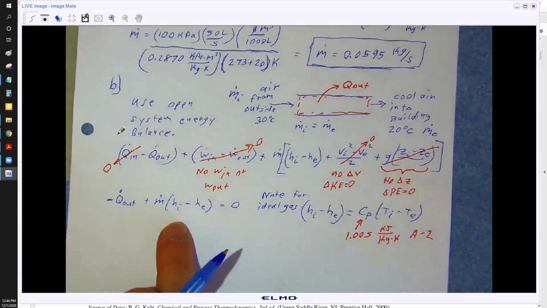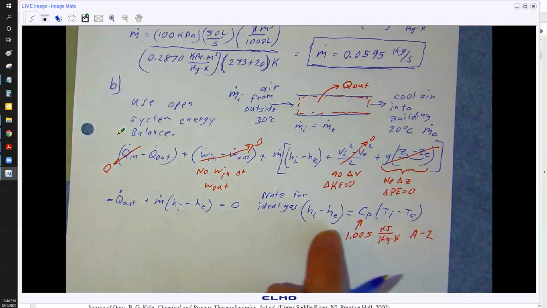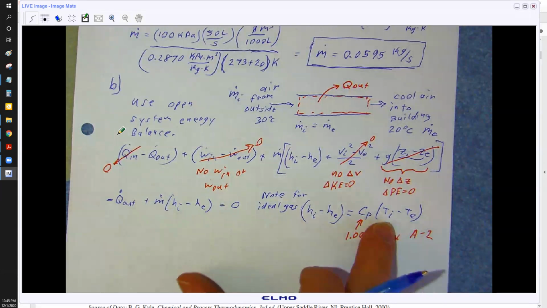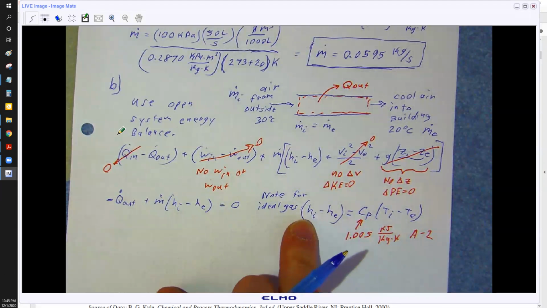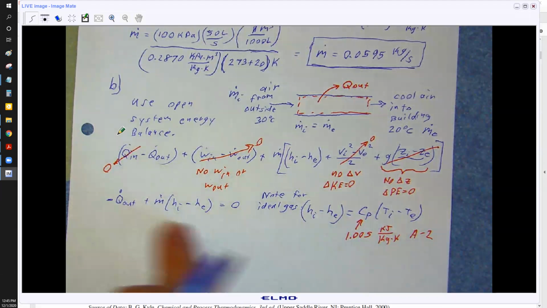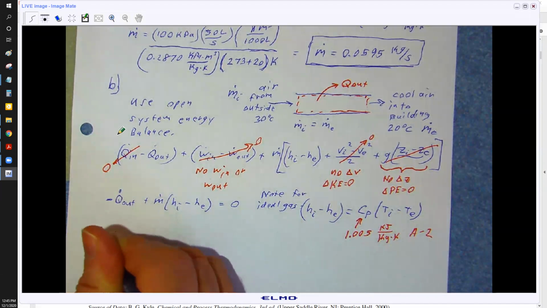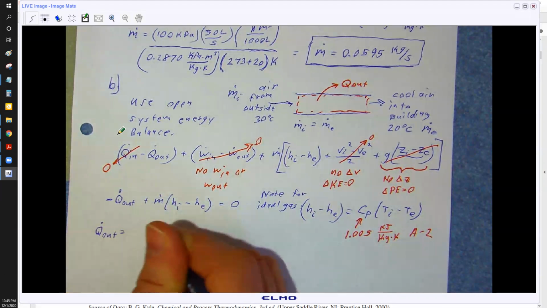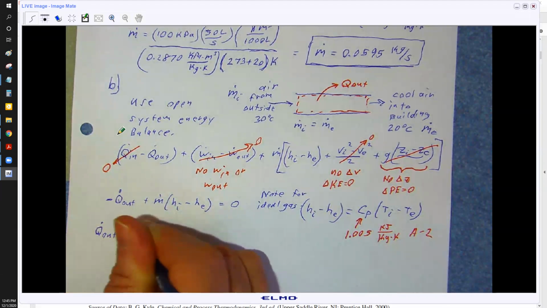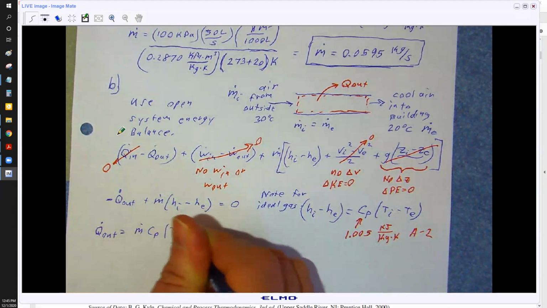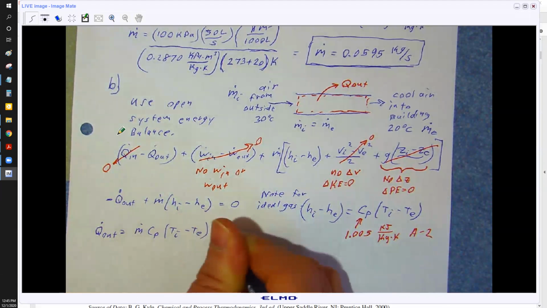So we can rewrite this. I'm going to substitute this in for h_i and h_e, and I'm going to take this to the other side. And we can write Q out equals m dot C_p (T_i minus T_e).